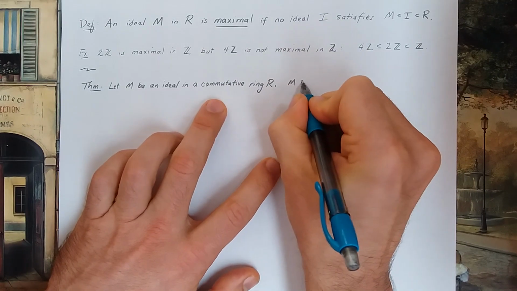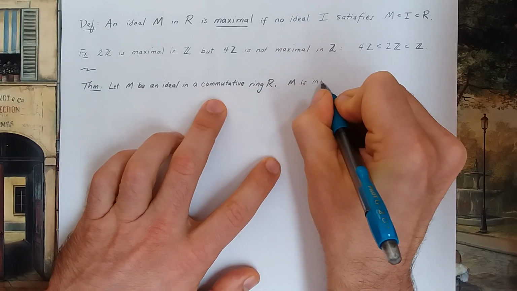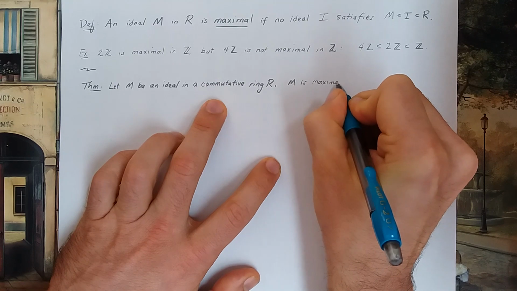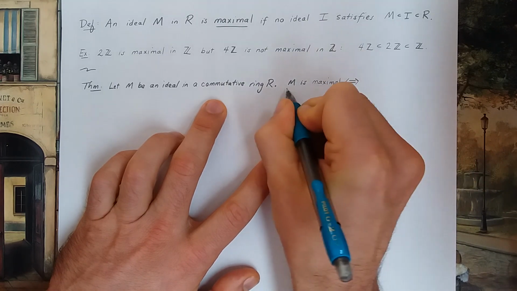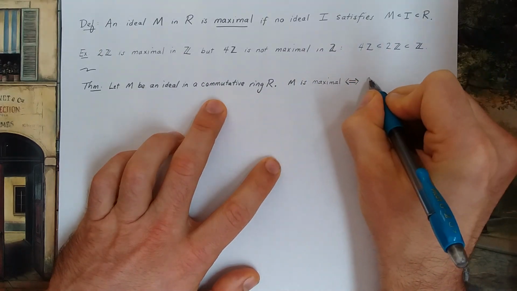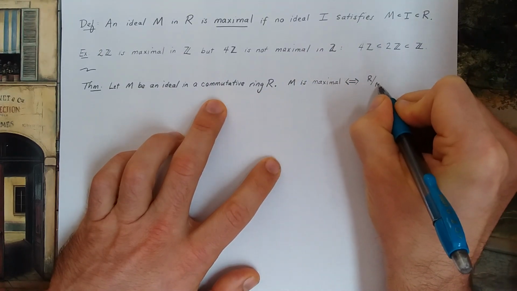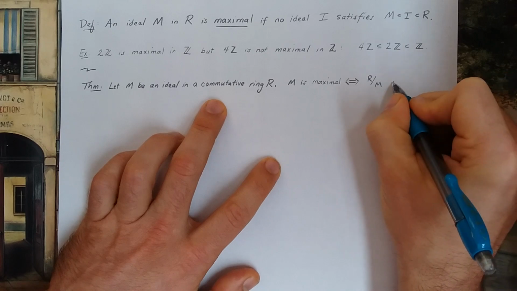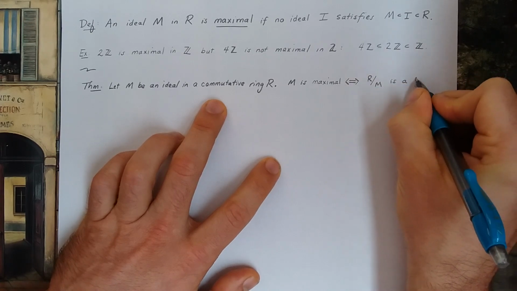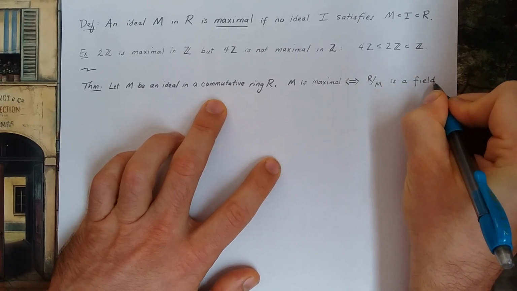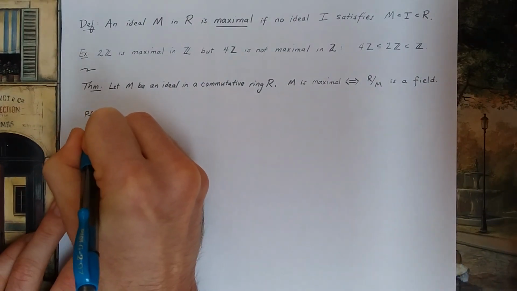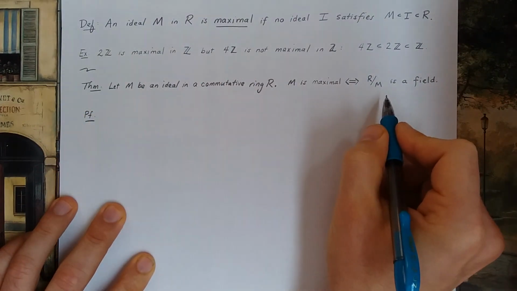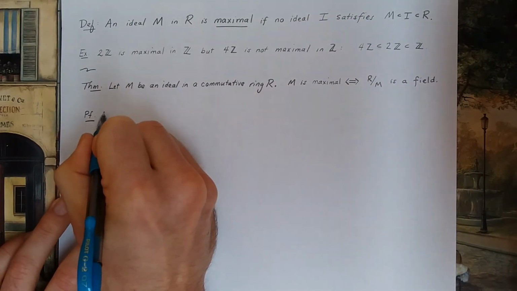Then M is maximal if and only if the factor ring R mod M is a field. So this is a nice characterization of maximal ideals.